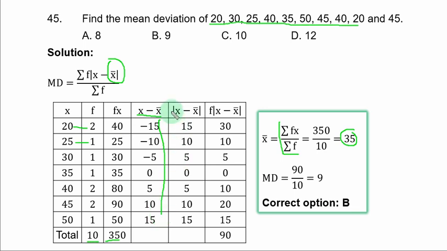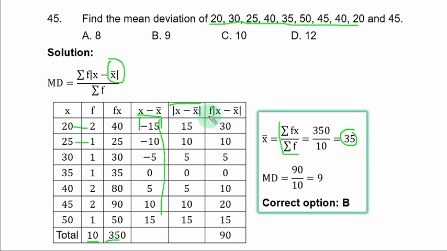Next is to take the absolute value. This symbol of absolute value simply converts all negative numbers to positive numbers, and the ones that are positive remain positive. So the absolute value of minus 15 becomes plus 15. That of minus 10 becomes 10. Minus 5 becomes 5, and so on.